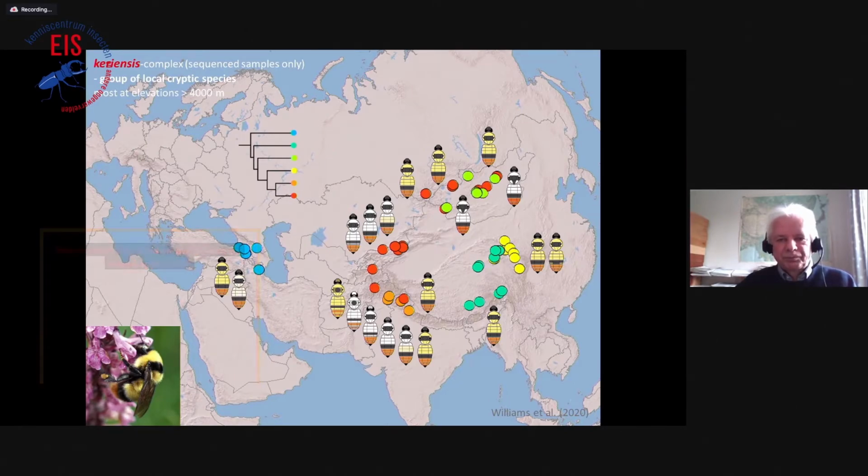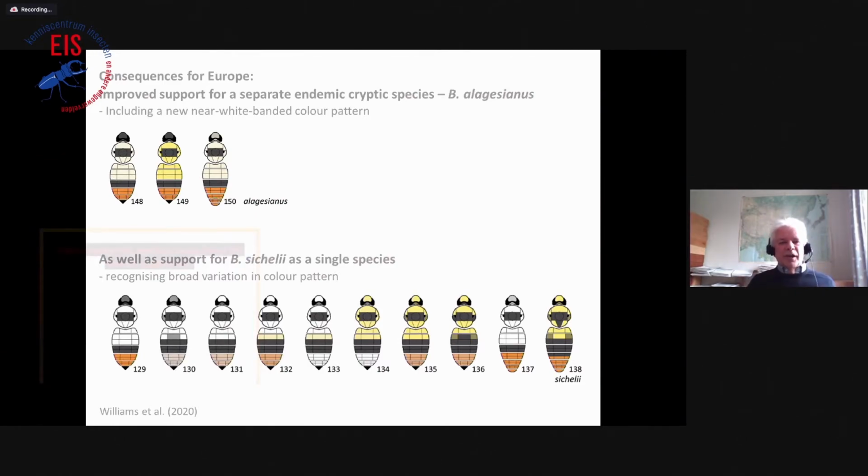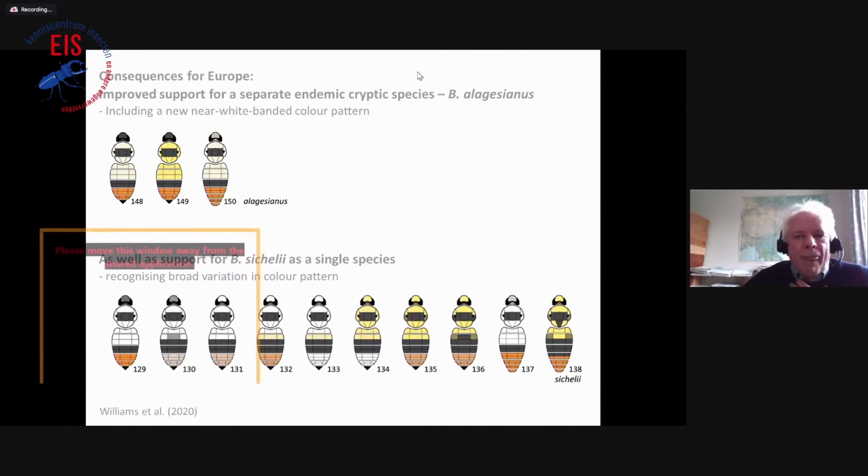Coming back to where it started on this and what this can tell us for Europe, there's an endemic Eastern European bumblebee here, Bombus allergesianus, which appears to be well supported as a true species and one which is quite separate from the Asian species, which they originally believed to be parts of the same species as Cariensis.